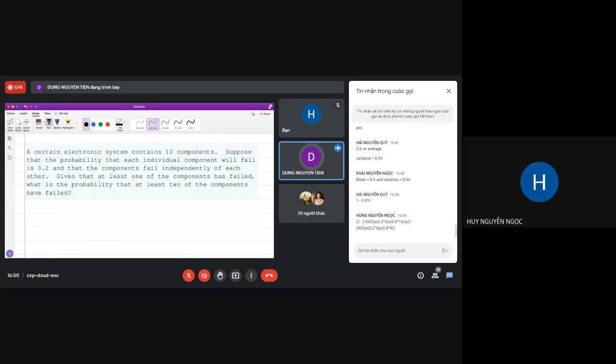Okay, so in this case, suppose that X is the number of components that have failed.